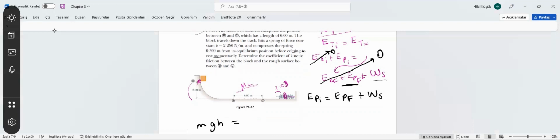Yes, I will write that part. mgh equal. Be careful. This potential energy is energy belongs to spring. So you need to write here kx square plus Fs, and what is distance? Okay, distance is 6 meters, that part.